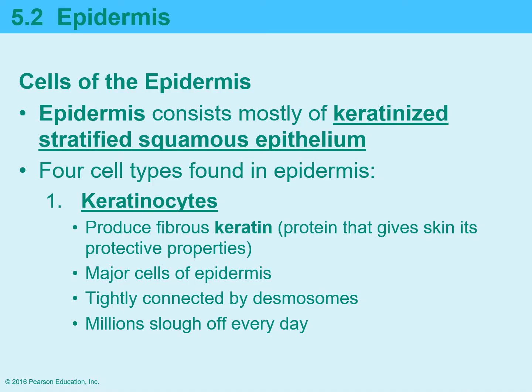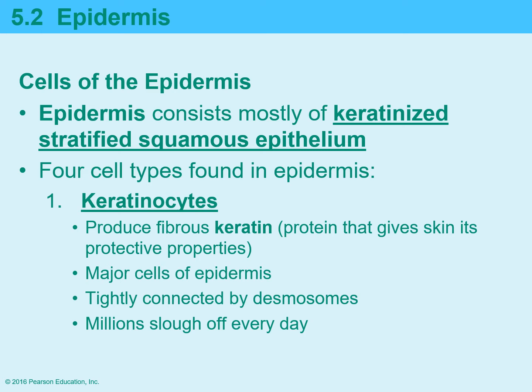So we're going to start at the top, or more superficial layer, and work deep. So we start with the epidermis. The epidermis is mostly what we call stratified squamous epithelium, and it's keratinized. There's four main cell types that you're going to find in the epidermis. The first type are the keratinocytes. They produce the keratin. That's a protein.